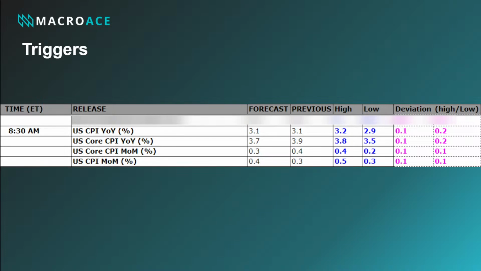We have seen in the past, where you've seen me take a couple of trades for CPI, that when the deviations are strong, you get better opportunities, because there's more volatility present within the markets.